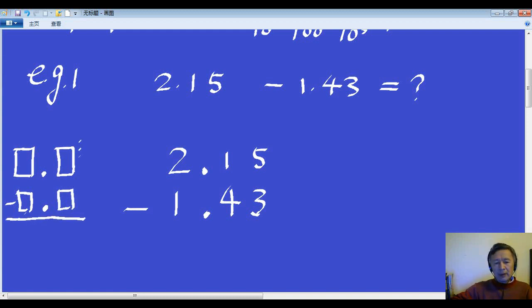If you put them together, they must represent the same place value. Okay, let's do this subtraction. It's simple, we do it from the right-hand side. So 5 minus 3 will be equal to 2, right? However, here we got trouble. 1 minus 4, we cannot get a positive. All right?